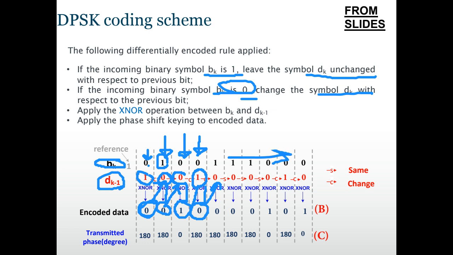So based on this encoded data, the transmitted phase is when we have 0, we modulate the optical phase as pi. When we have 1, we modulate the optical phase as 0. So because it's BPSK, we only have optical phase of either 0 or pi.